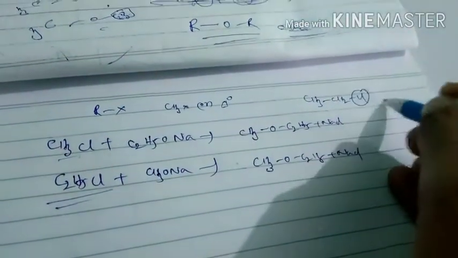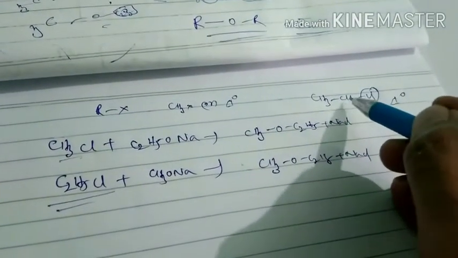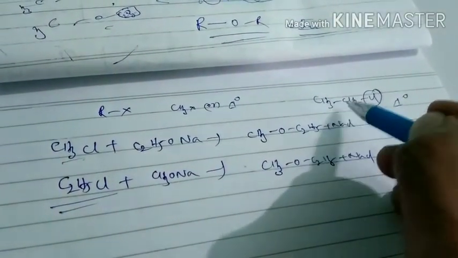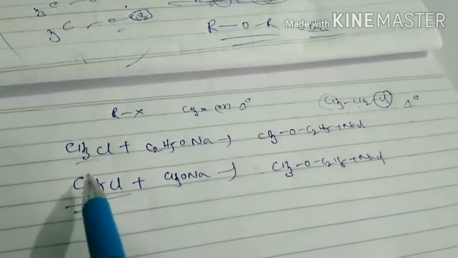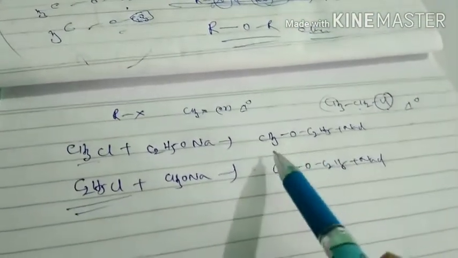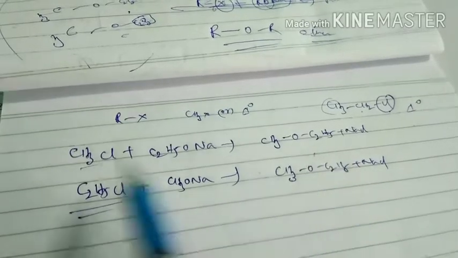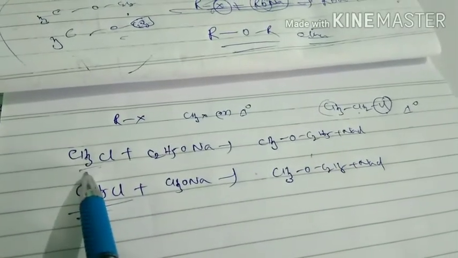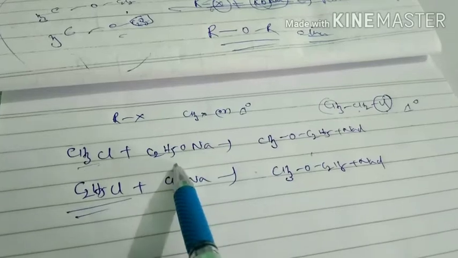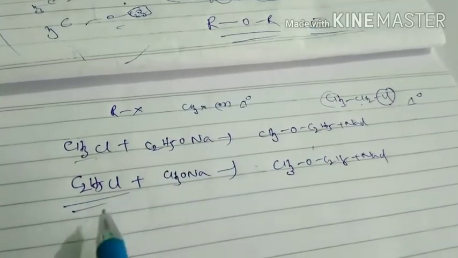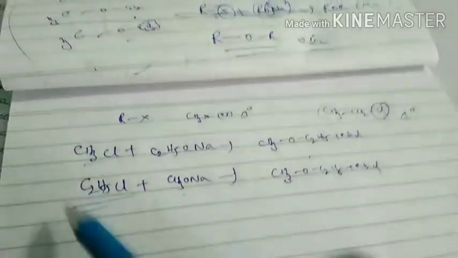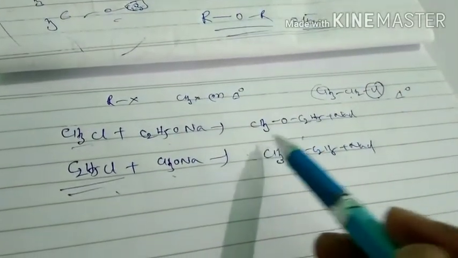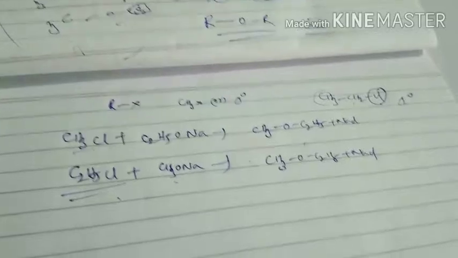This is a primary alkyl halide, because the halogen is present on the carbon which is attached to only one carbon atom. So if you want to make ethyl methyl ether, you can take methyl chloride and sodium ethoxide as reactants, or ethyl chloride and sodium methoxide as reactants. If you take either of the reactants, then we get ethyl methyl ether.